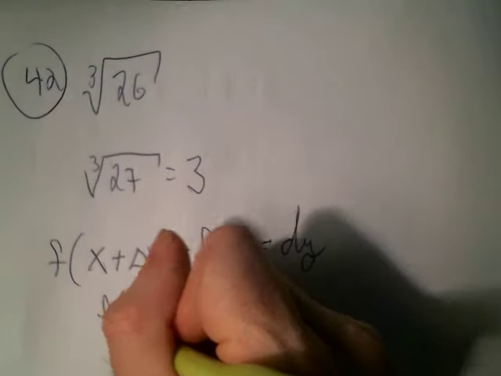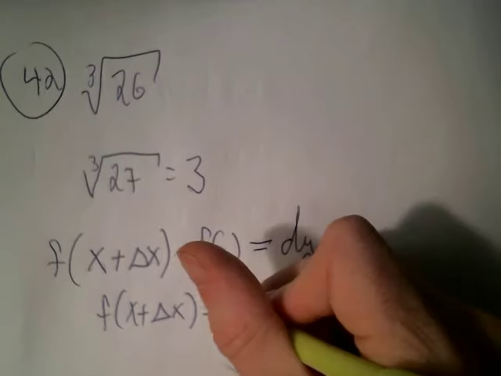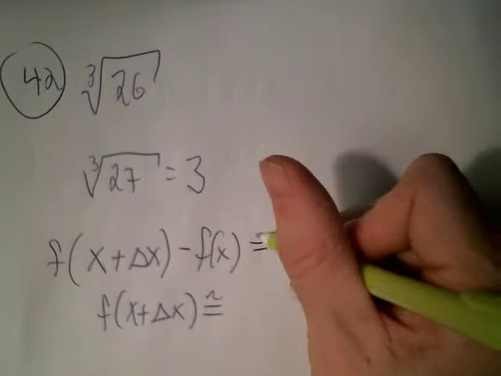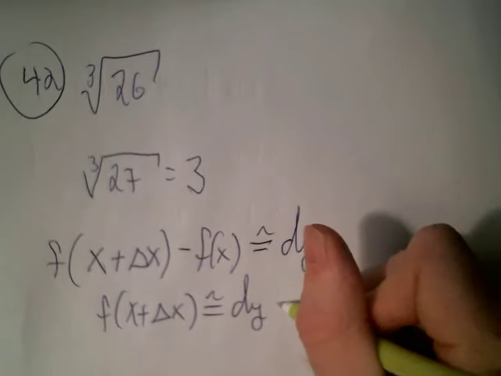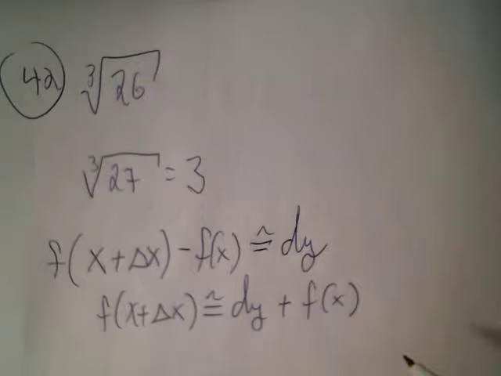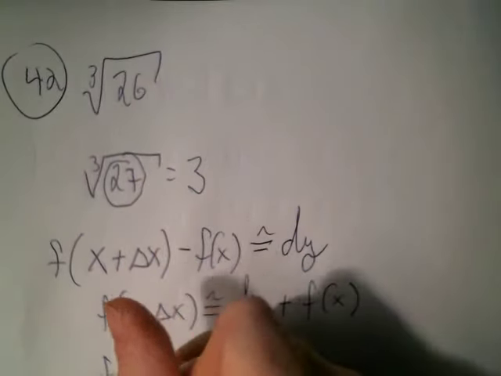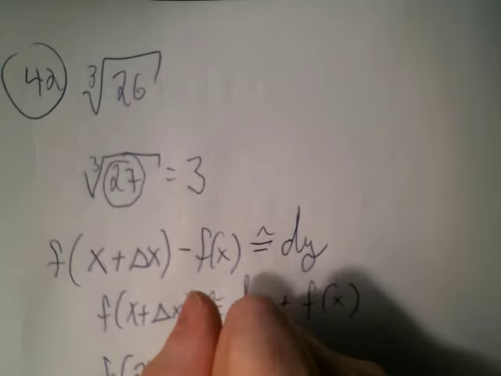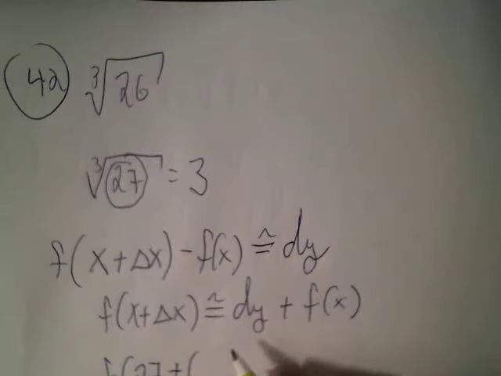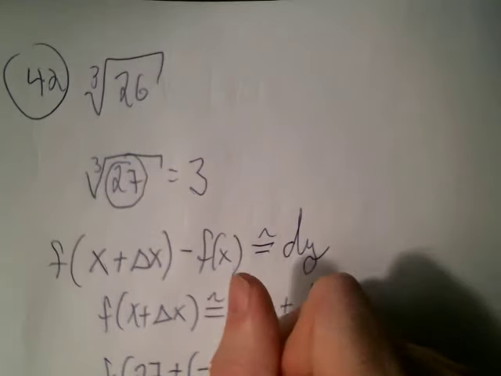In other words, f of x plus change in x is approximately dy plus f of x. And so if we allow our x to be 27, I can say this is f of 27 plus a change in x, which in this case, to move it to 26, I'd have to move it by -1.